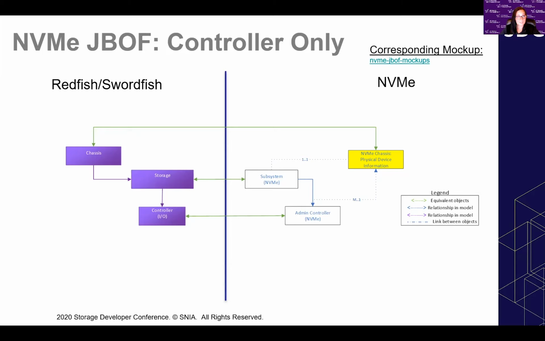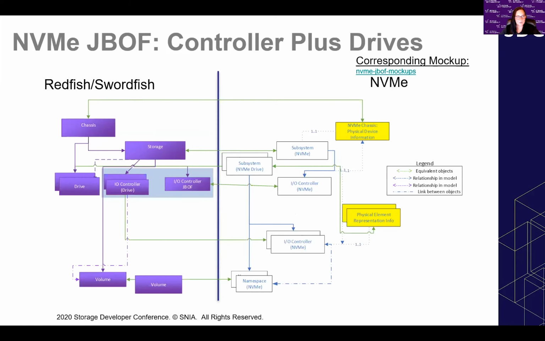So all it has is a physical chassis infrastructure, and so it's effectively truly just an enclosure. This picture shows, okay, I've got an enclosure plus a set of drives. Now the mockup, if you actually go look at it, has 7 drives, but the picture just looks ridiculous if I try and put 7 boxes on there. So this one just has 2.